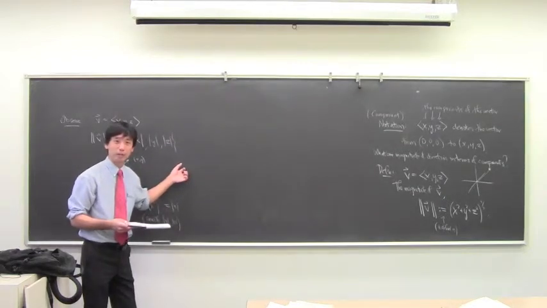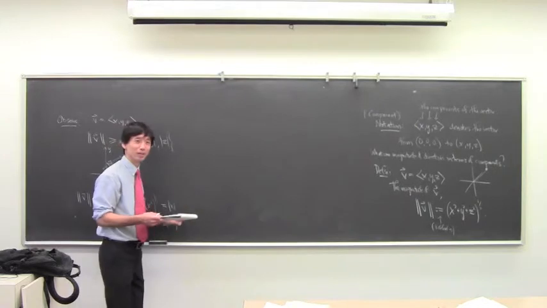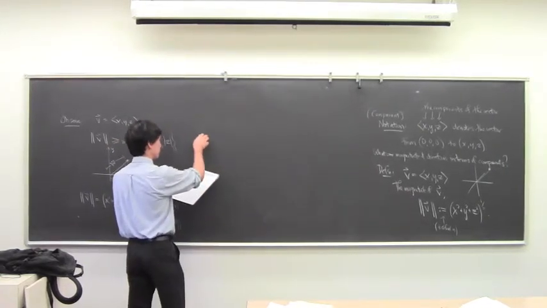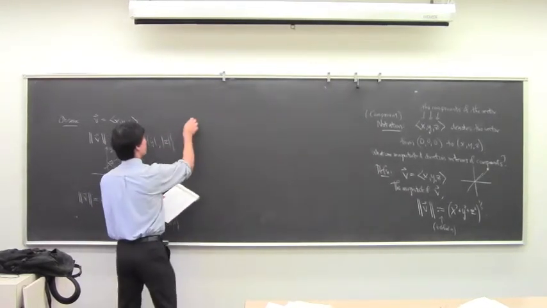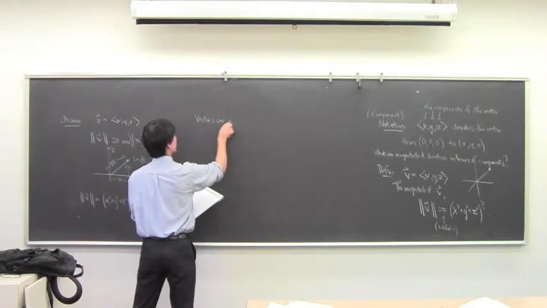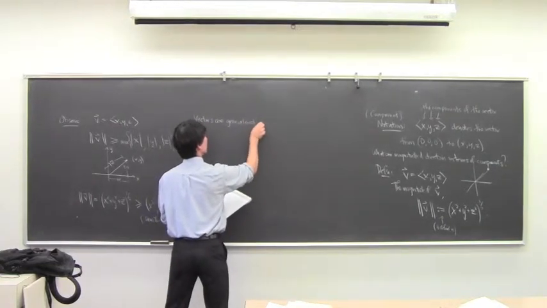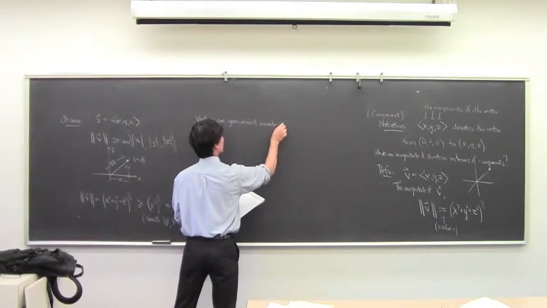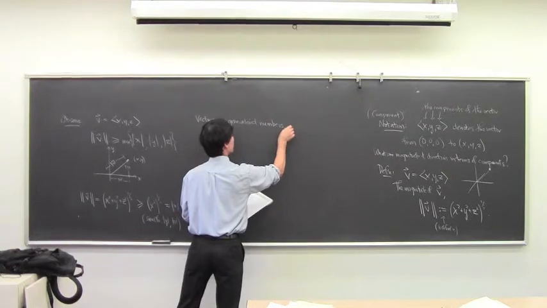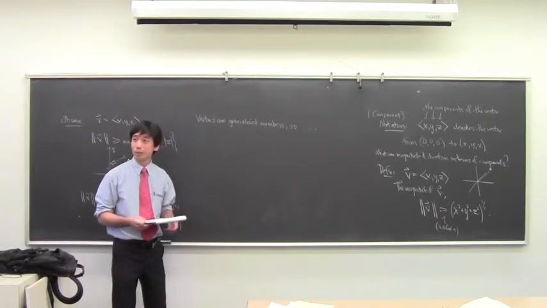How do you multiply vectors? Can you multiply vectors? Can you divide vectors? No, maybe not. For us, vectors are some sort of generalized numbers. So we're going to want some way of adding them and some way of multiplying them.